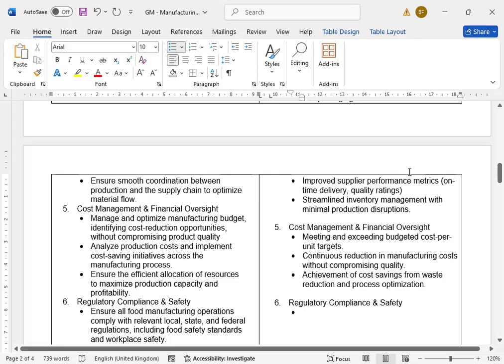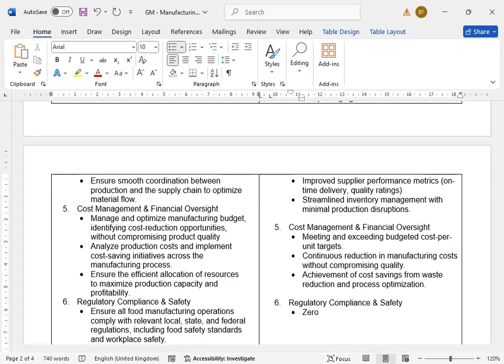Number 1 is zero food safety violations: no contamination, no cross contamination, following the GMP, good manufacturing practices, no violation in HACCP, no violation in ISO, things like that, or non-conformances.